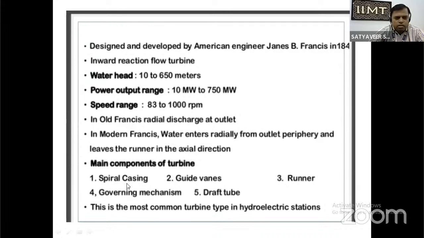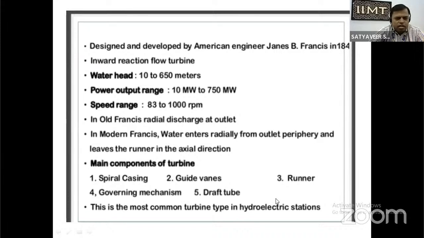Generally the spiral casing is made up of concrete or cast steel, and guide vanes are the vanes that guide the flow of water entering the casing. The runner is the rotating part, it acts like a flywheel, and the vanes are fixed on the runner. Next is the governing mechanism, a speed control mechanism that will control the flow of water.